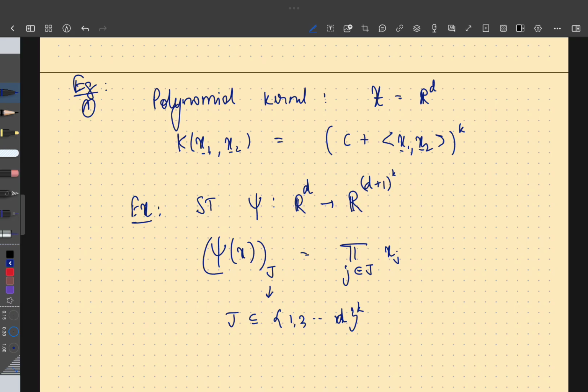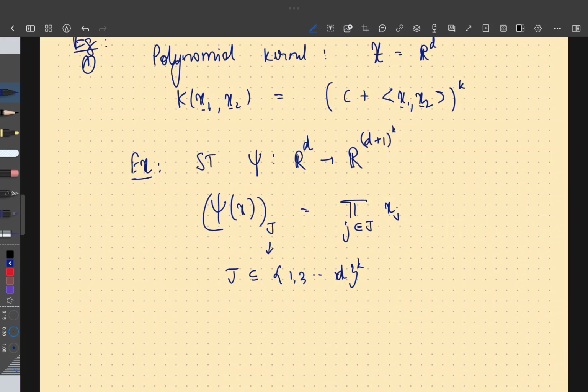I'm sorry? Which one? d plus 1, because I can also not choose an element. So J is the set of all subsets. So there are basically k elements.